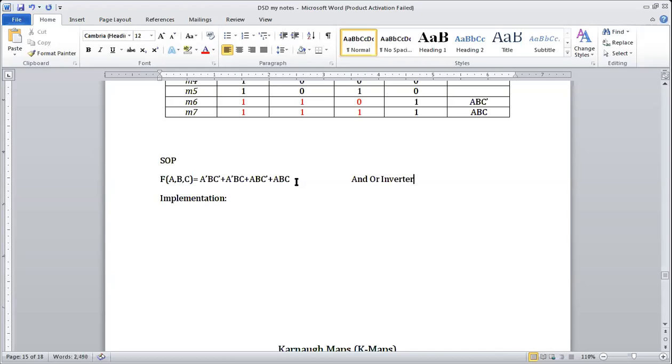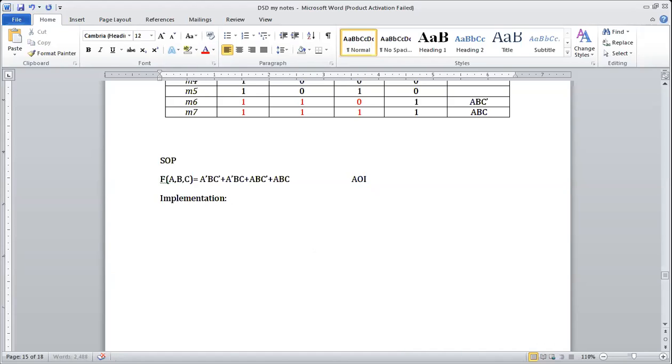So these types of circuit diagrams or logic diagrams are called AOI diagrams. AOI means AND logic, OR logic, inverter logic. Even if I go for a POS form of this, it also requires AND gate, OR gate, and inverter.